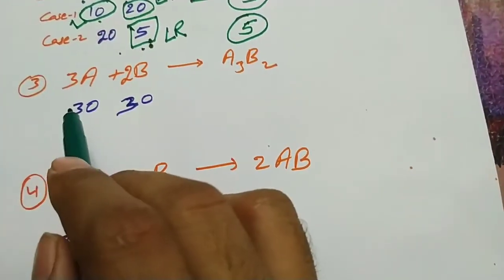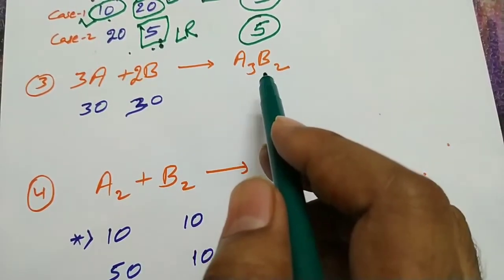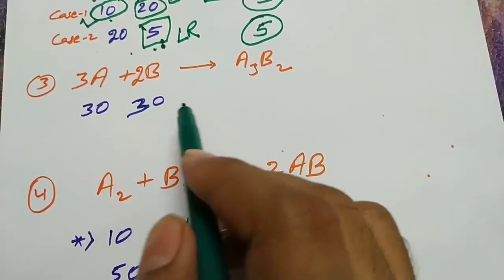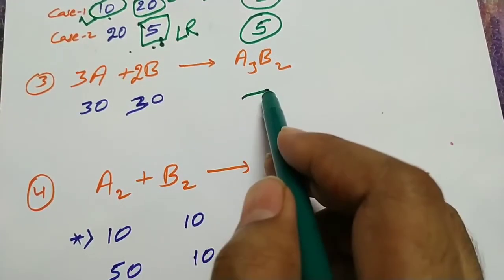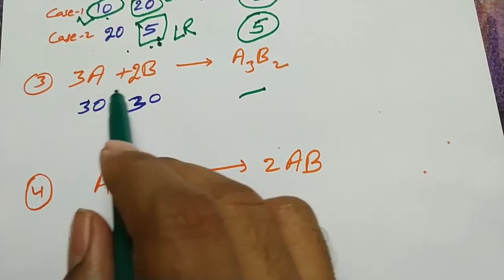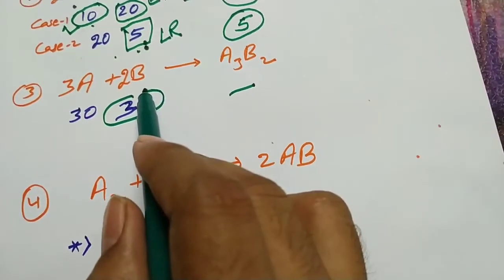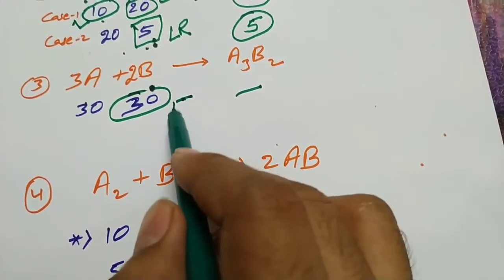Third question. 3A plus 2B gives A3B2. Both are 30. How many A3B2 will be formed? Here 30 A means B required is only 20. So 30 B are there, so this is excess.